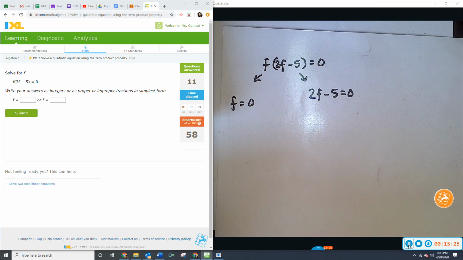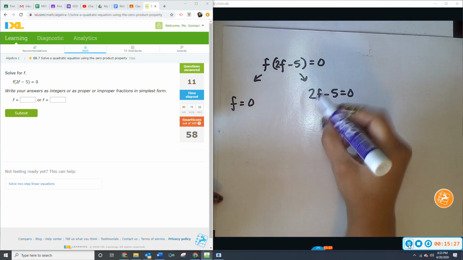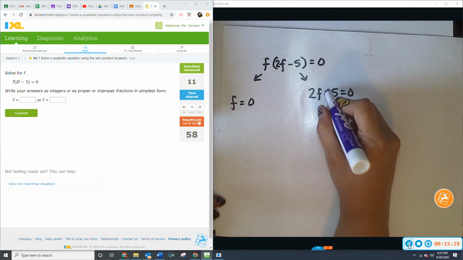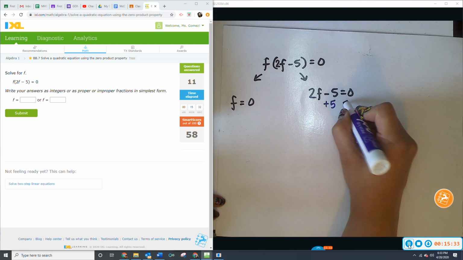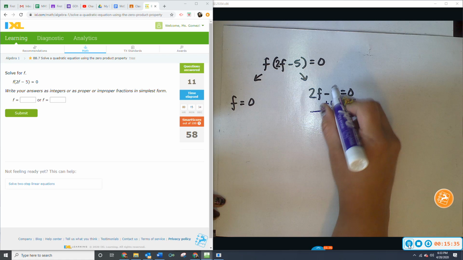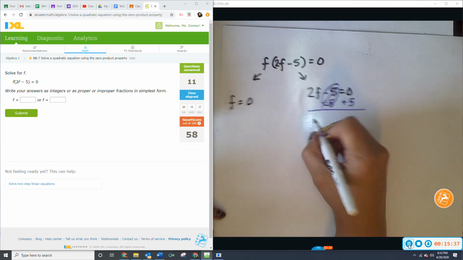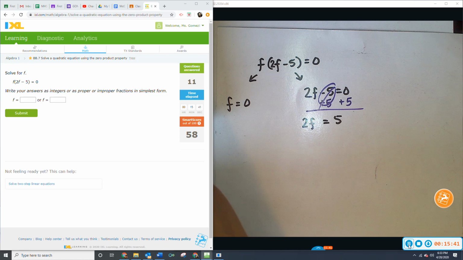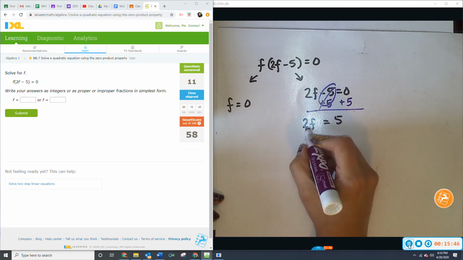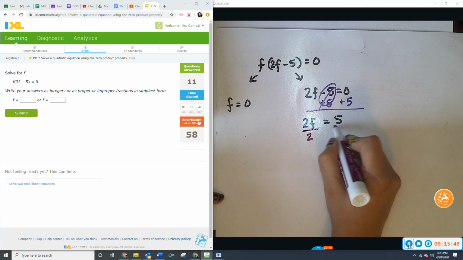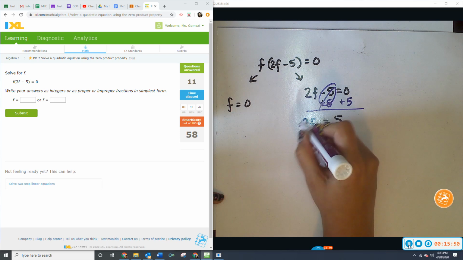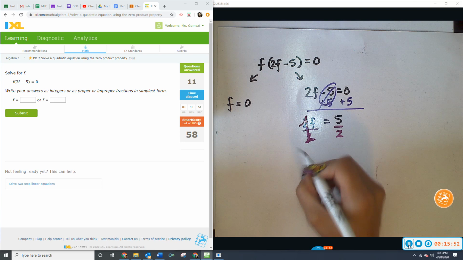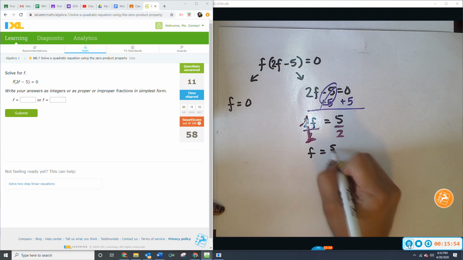Just slightly different from what we had to do before, but not really, because of course I would get rid of my constant by adding 5, the inverse operation, and that leaves me with 2f is equal to 5, and I should also get rid of my coefficient by dividing both sides by 2. That reduces to 1. F is equal to 5 halves.